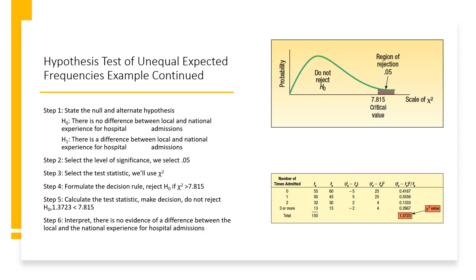And so our decision rule is to reject the null hypothesis if the chi-squared statistic is greater than 7.815. The chi-squared statistic is 1.3723. So we fail to reject the null hypothesis and conclude that there is not a difference between the local and the national experience for hospital admissions.